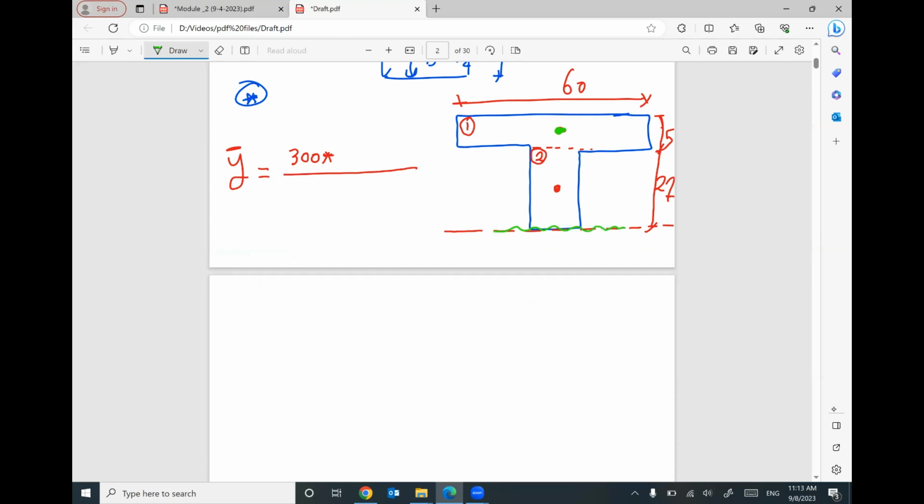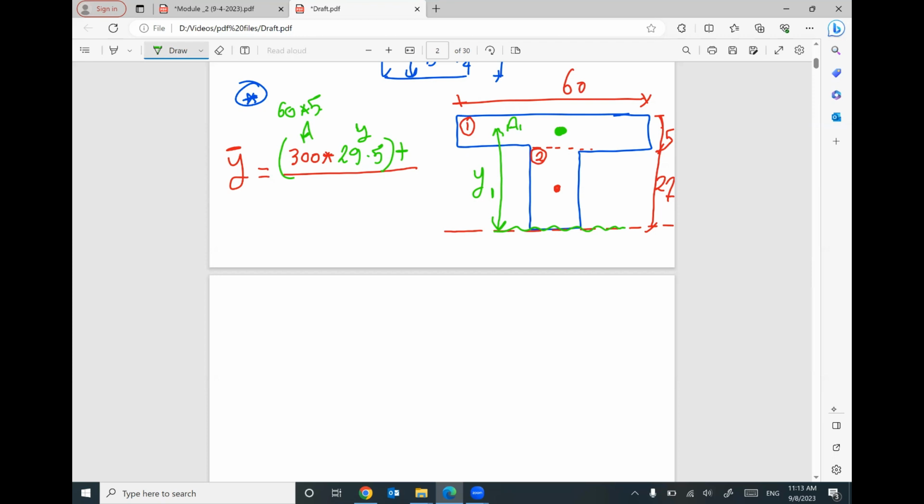The vertical distance will be 29.5. Guys, this is the area, this is the Y distance. The area equals 60 times 5. The Y distance is the distance between the centroid of this part and your reference at the bottom. This is Y number 1, and this is area number 1.